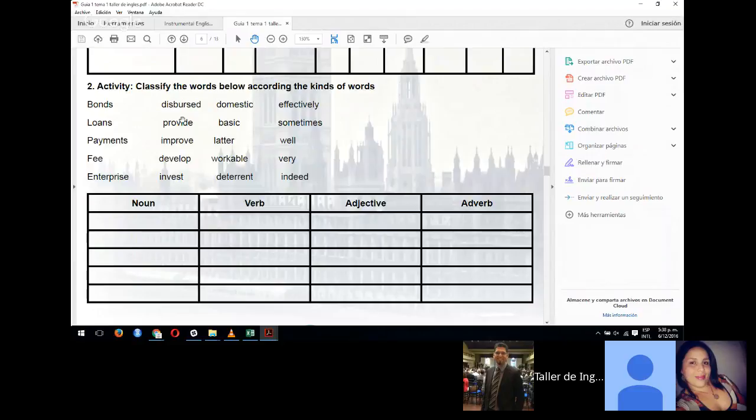These words: provide, improve, develop, invest, domestic, basic, later, workable, deterrent, effectively, sometimes, well, very, indeed. Okay? You have to classify them if it is a noun, a verb, an adjective, or an adverb. Okay?